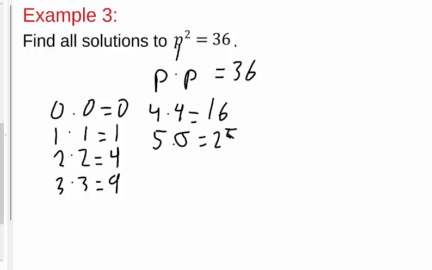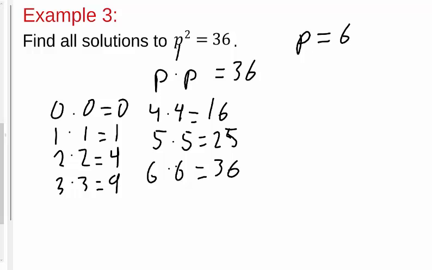Let me rewrite that 5 there so it doesn't look like a 0, so you can make sure you know it. 6 times 6 is equal to 36. And stop. That's the answer we want, 36. So 6 times 6, so p is equal to 6. And that's our answer.